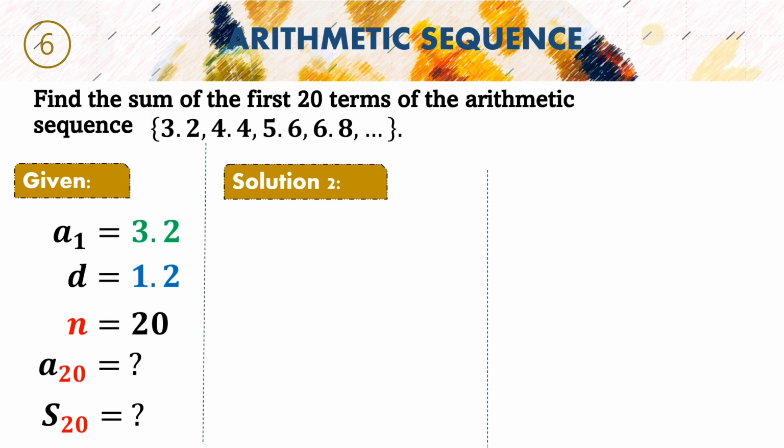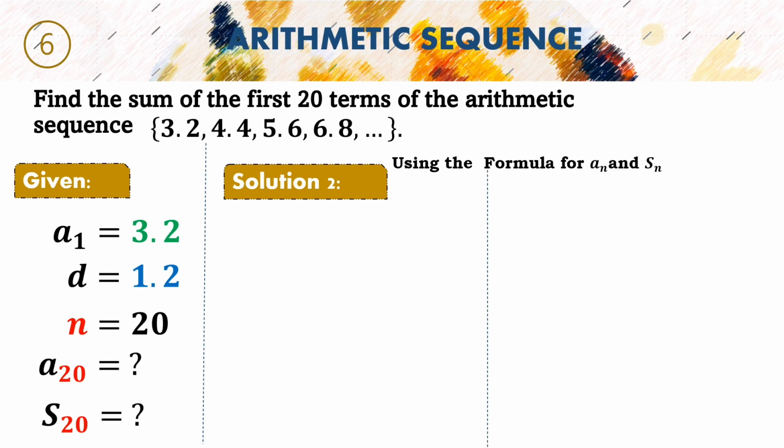Okay, for solution 2 in example 6, we know already the given from solution 1. So let's proceed to step 1. Using the formula for a sub n, let's look for the last term, which is a sub 20.